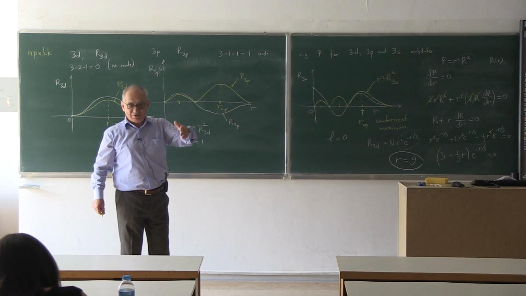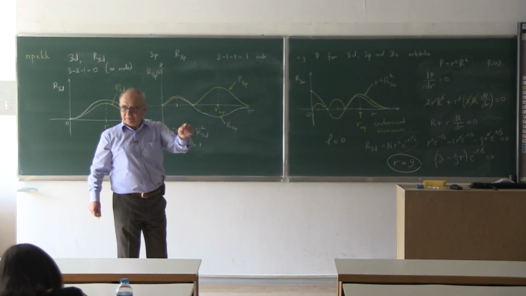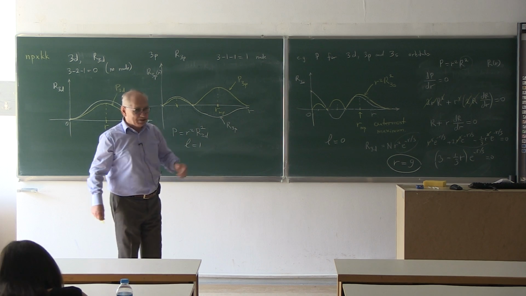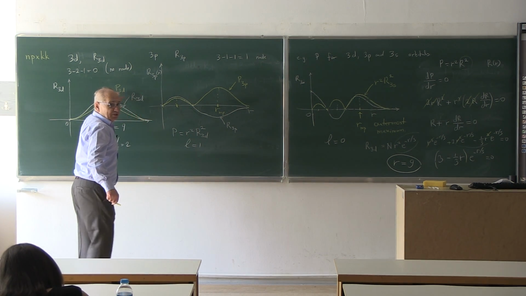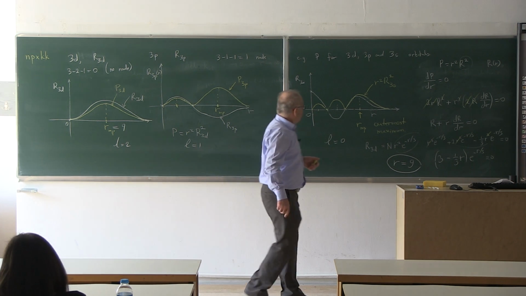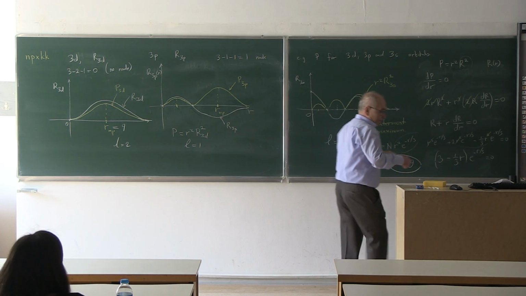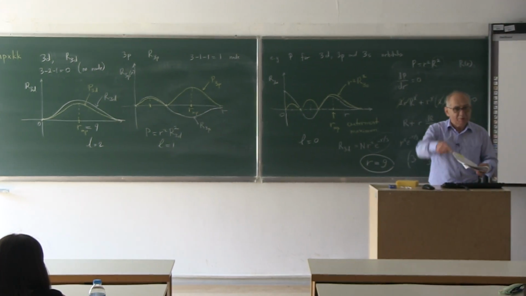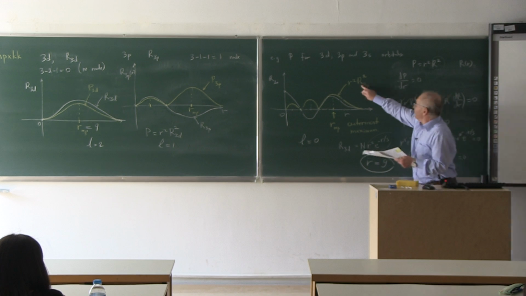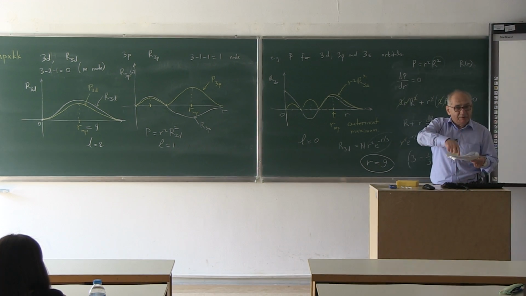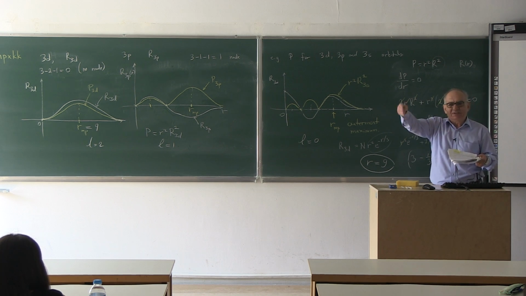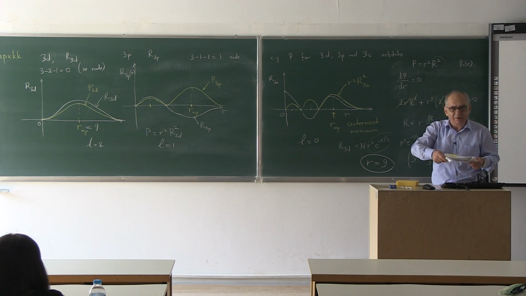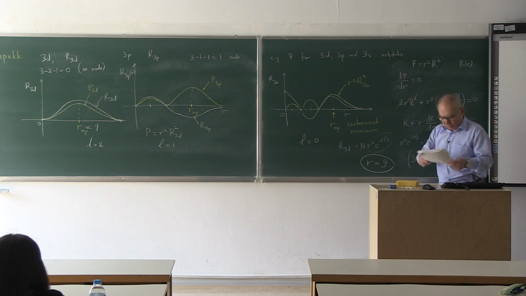If you are interested in the SI value for the most probable distance in 3p, I have repeated this calculation, and you can also do it, because the explicit expression for R3S and R3P are given to you in the notes. And you may also look up from physical chemistry textbooks. All of them contain such explicit expressions for the radial functions. And you may do this calculation.